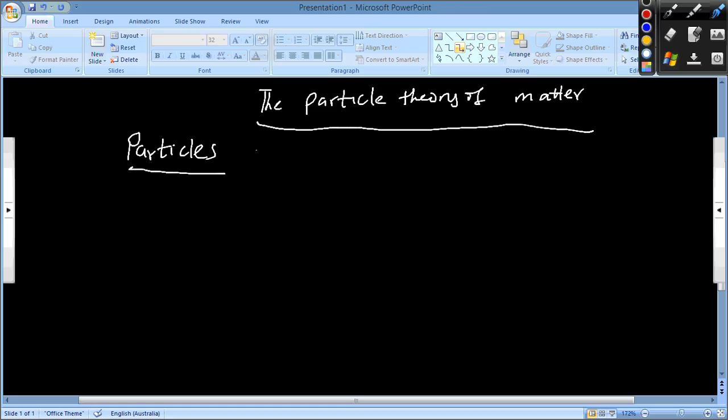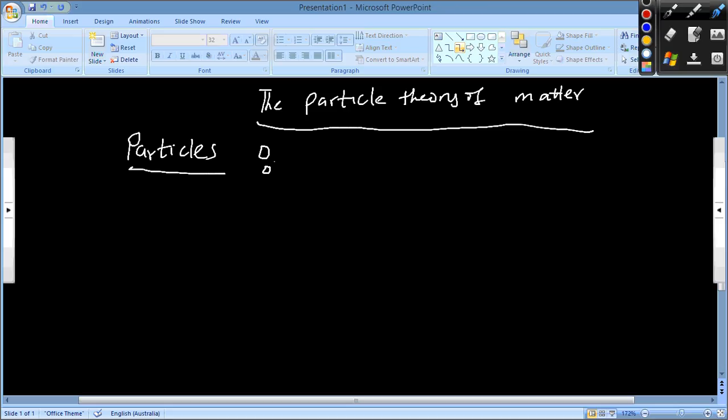The particles could be big, they could be smaller, they could be of different sizes or shapes. But the point we're making here is the particles are so small that you cannot see them with the naked eye.